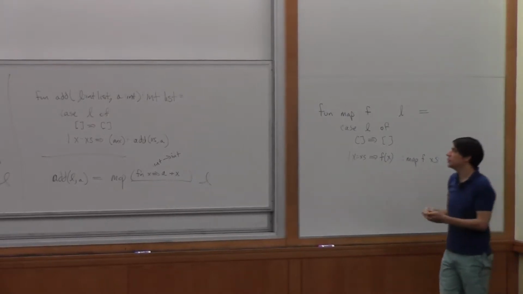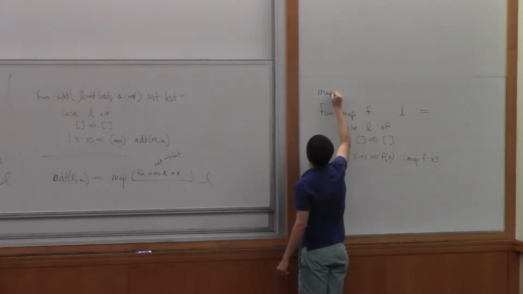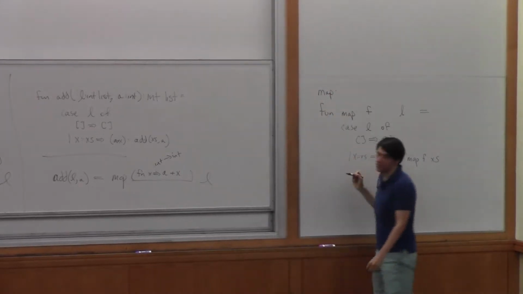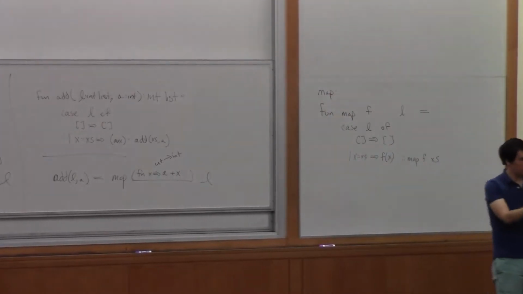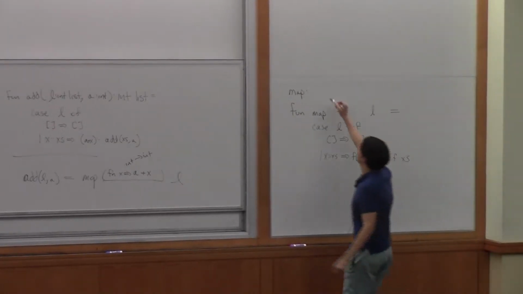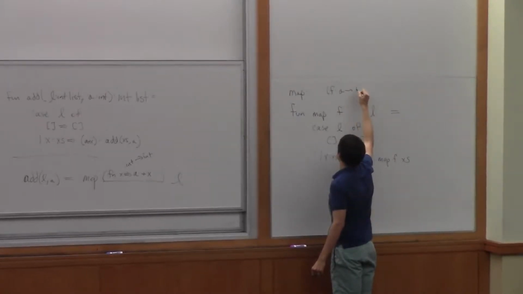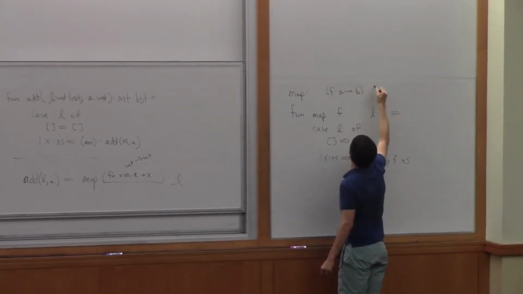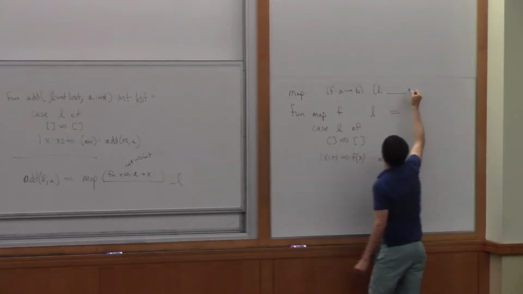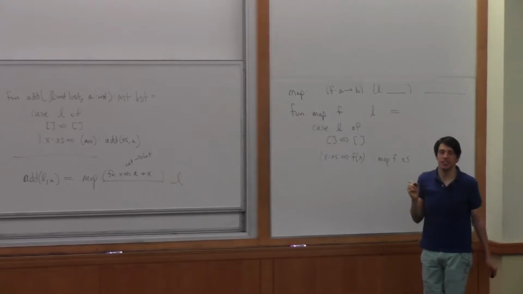So what we want to do is write down the schema that map has, which relates how the different types fit together. So if f takes something to something, and L is a something list, then the result is a something list.